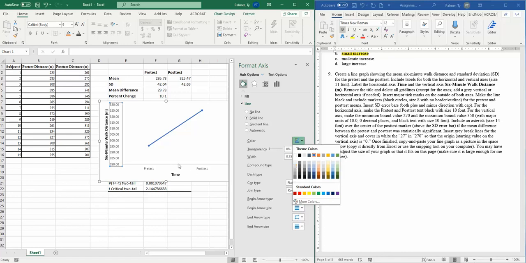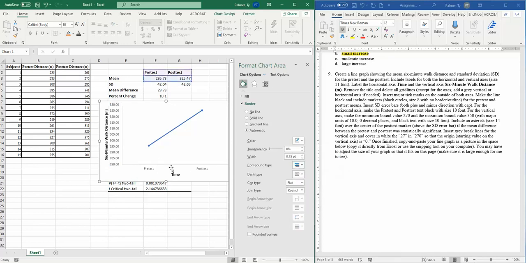Our horizontal axis is gray, so let's make our vertical axis gray too to be consistent. You can choose this one. I believe this color here does a pretty good job of mimicking the horizontal axis. And after we've done that, you can see now our vertical axis has been created, and it looks very, very similar, identical in color to the horizontal axis. Okay, both of them are gray. Very good.